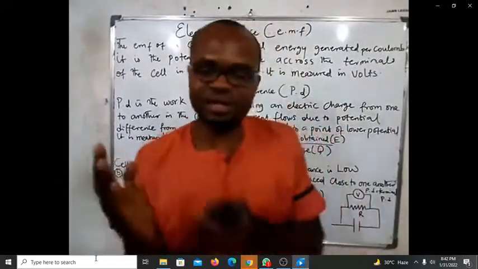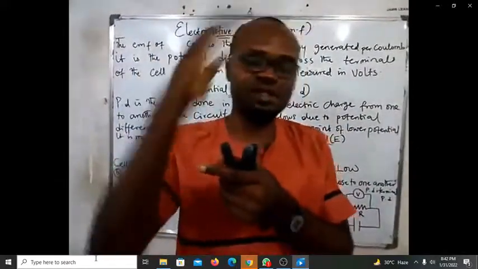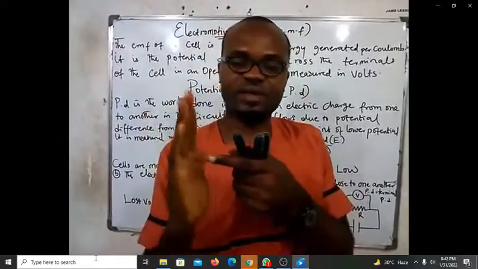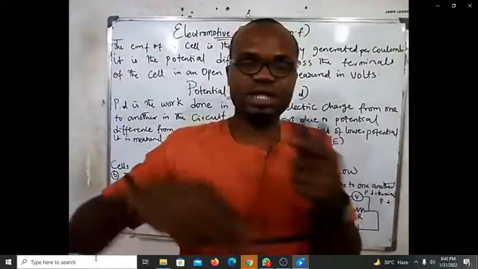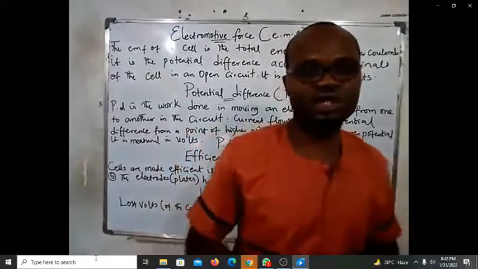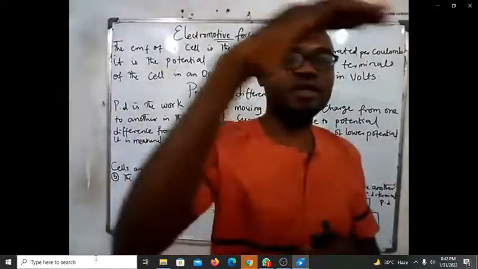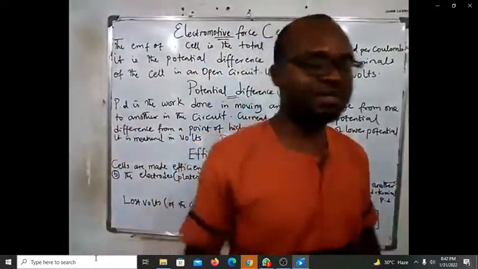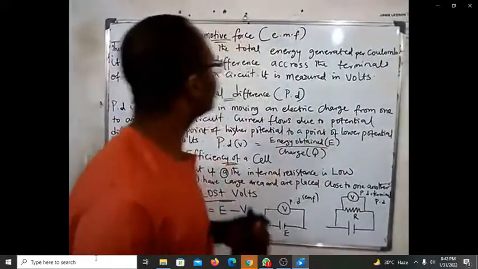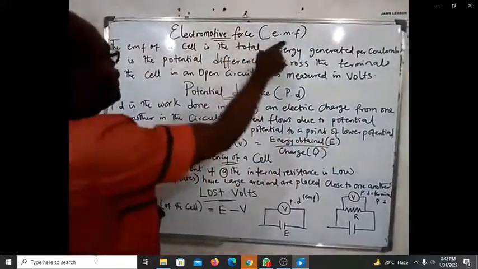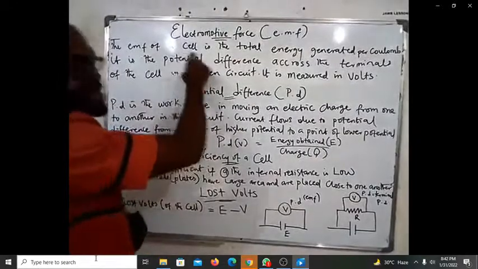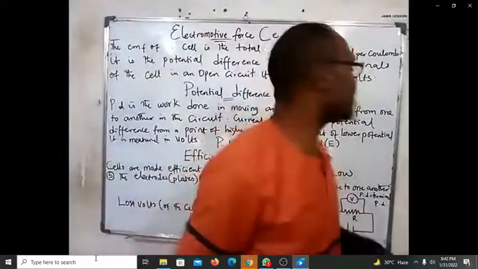Without a battery, you cannot see what is supplying the charges. And when these charges that are supplied flow through the circuit, we have what we call electric current. For current to flow, there has to be a cell. There has to be a battery that supplies the charges. So the electromotive force, EMF of the cell supplying the charges.